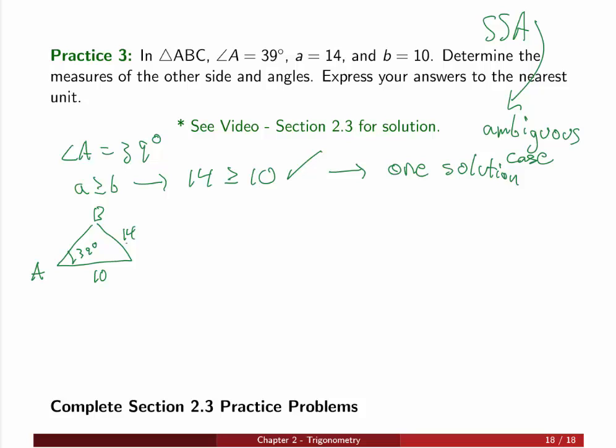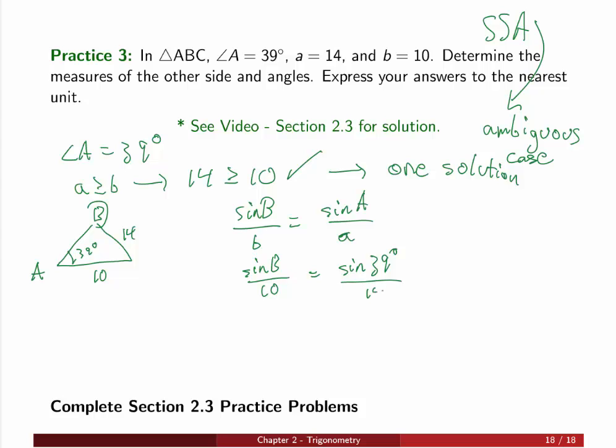Right away we're given angle A is 39 degrees, and I think we could solve for angle B. We could certainly go like this: sine B over little b, which is 10, equals sine of 39 degrees over a, which in this case is 14.